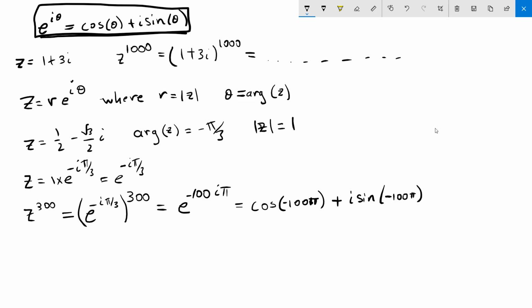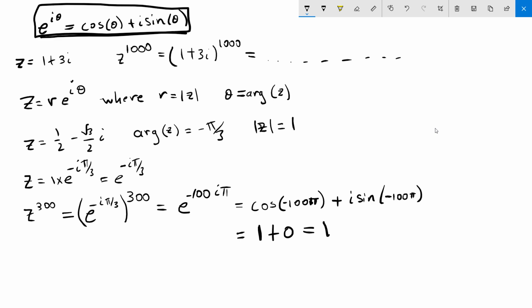So what's the cosine of minus 100 pi? Well, it's an even multiple of pi, and for all even multiples of pi, cosine is equal to 1, right? So here we just have 1. And any multiple of pi, if you take sine of that, it gives you 0. So here we get 1 plus 0, which is equal to 1.